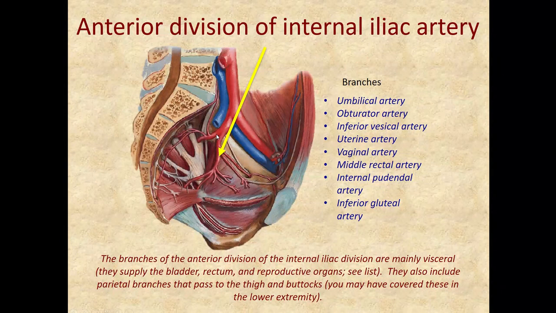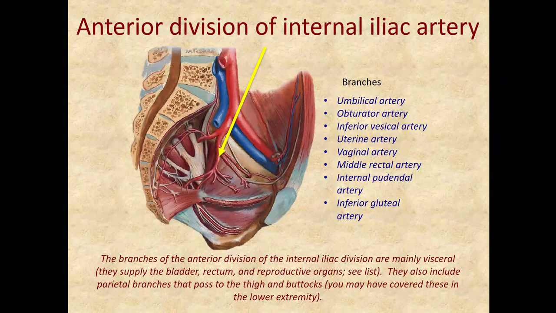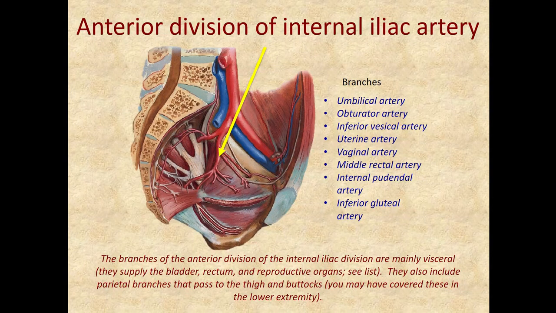Now, the anterior division of the internal iliac artery has a lot more branches. Most of these branches are going to be visceral branches, so they're going to organs within the pelvic cavity, and they may or may not be organs that both sexes have. For example, the middle rectal artery is in the male and the female, but another artery like the vaginal artery, you're only going to find in the female pelvis.